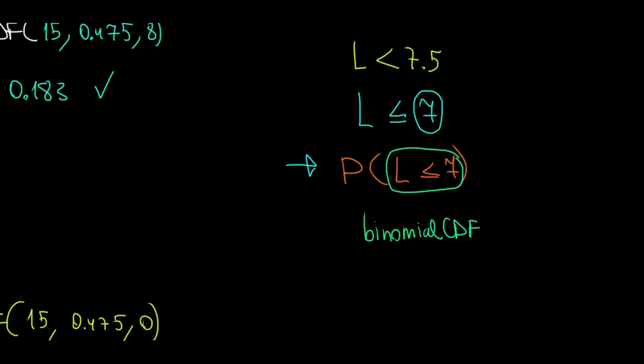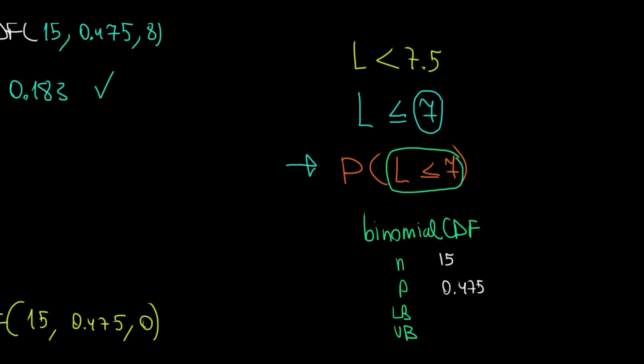So in the binomial CDF, they're going to ask you for the following things. They're going to ask you for the number of trials, the probability of success, the lower bound, and the upper bound. So fill in those values. You still have 15 as the number of trials. You have 0.475 as the probability of success.